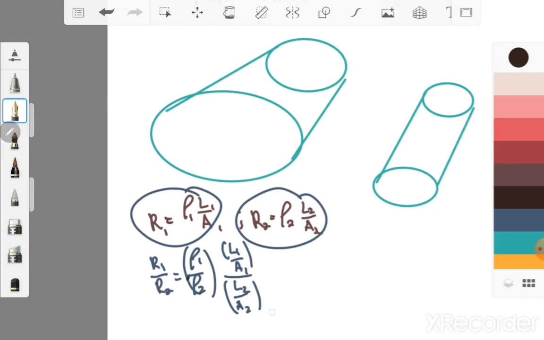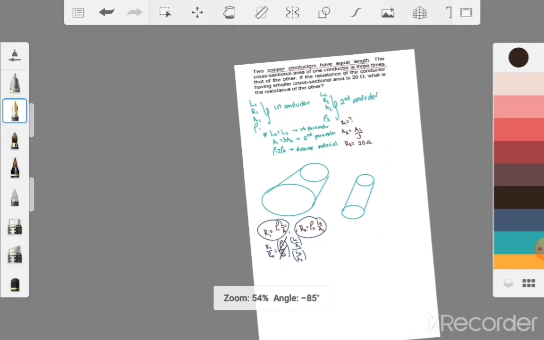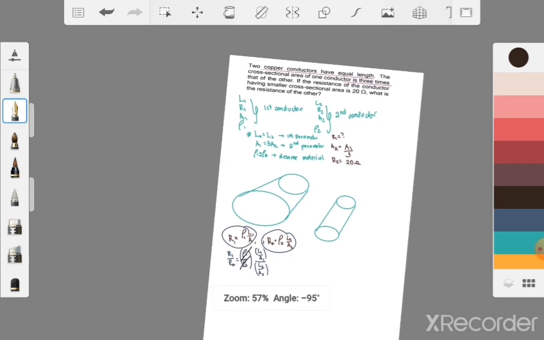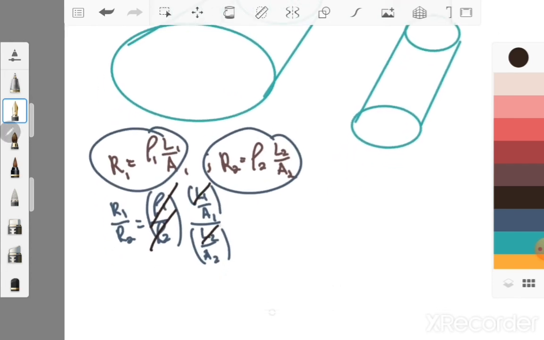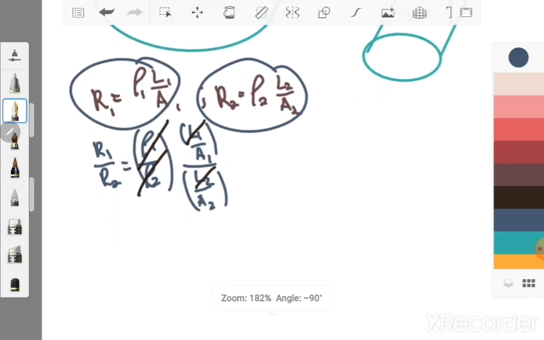Notice the examples wherein we have an equal rho because they have the same material. They are both copper, therefore rho 1 and rho 2 are equal, so rho 1 divided by rho 2 is equal to 1. Also our lengths are equal, so L1 is equal to L2, and we cancel L1 divided by L2. Therefore R1 over R2 is equal to A2 over A1.